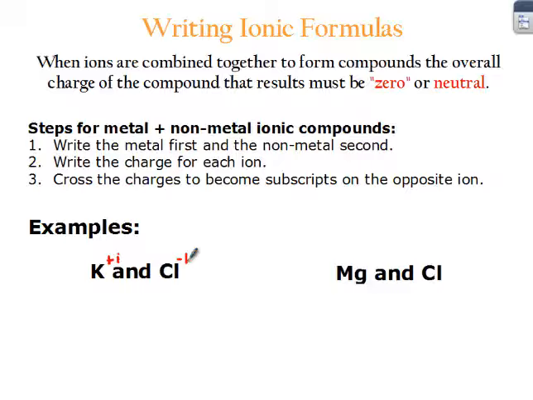So when it says cross the charges, I'm going to take my +1 and move it over here, and I'm going to take my -1 and move it over here. I'm going to ignore the positive and the negative, so just drop them and keep the ones. So I'm going to have a K1 and a Cl1.